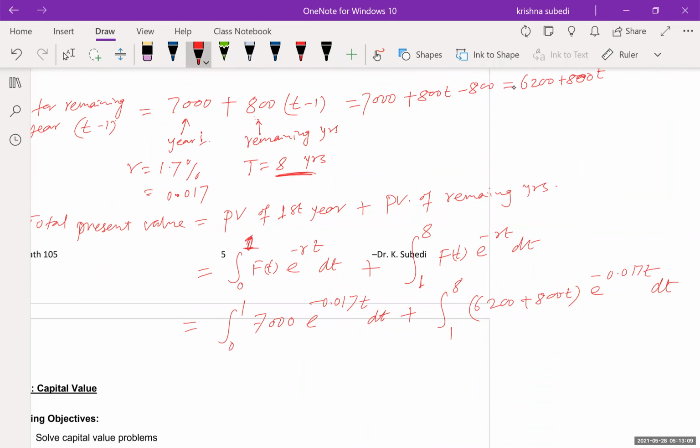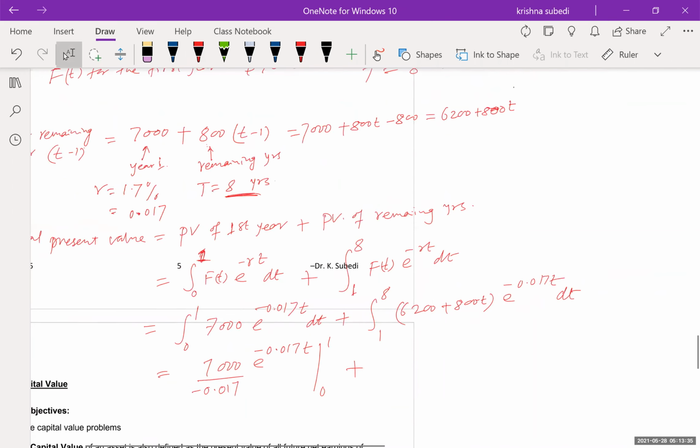All we need to do is evaluate the integral. When you evaluate this integral, you're going to get 7,000 e raised to power negative 0.017t over negative 0.017, and then it will go from 0 to 1, plus this guy.